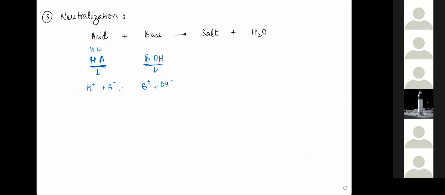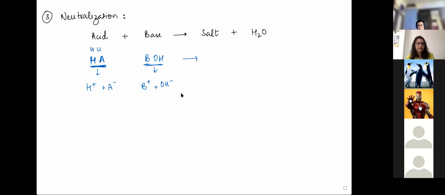So if these 4 ions are there in the solution, what salt will you get out of this? Who's going to answer this one? Tanisha? So what ions will combine to give you an ionic salt?